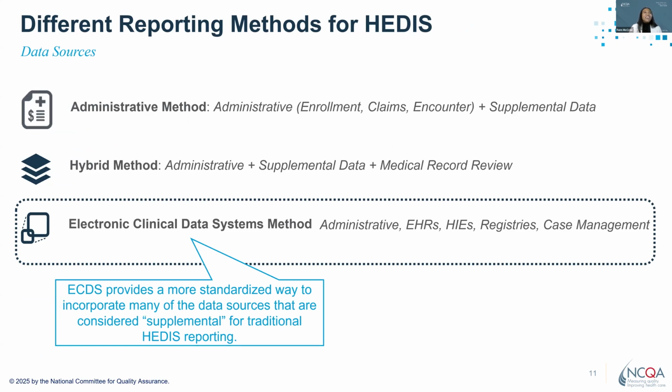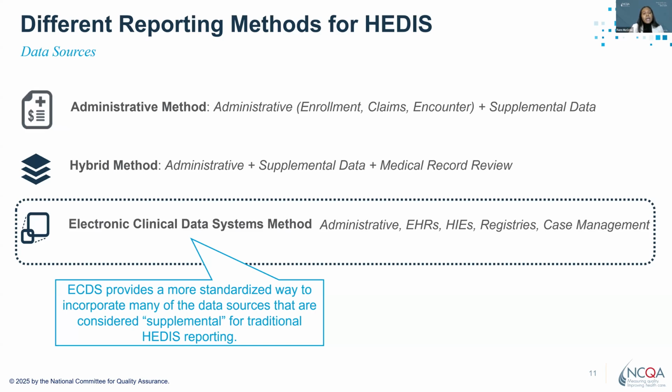So one of the questions that we often get, particularly as we transition measures from the traditional methods over to the ECDS method, is what are the differences between the reporting methods?